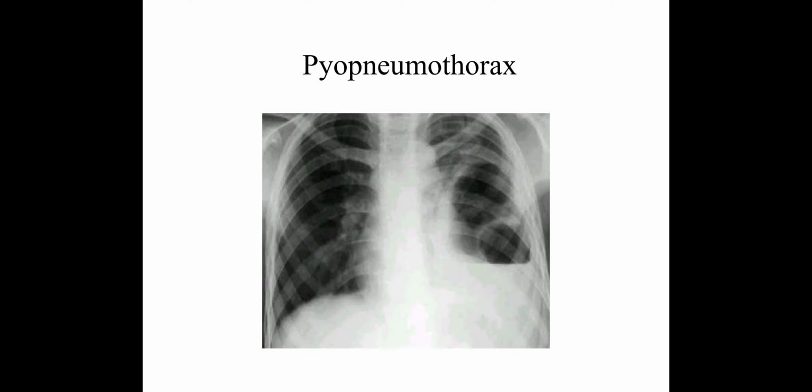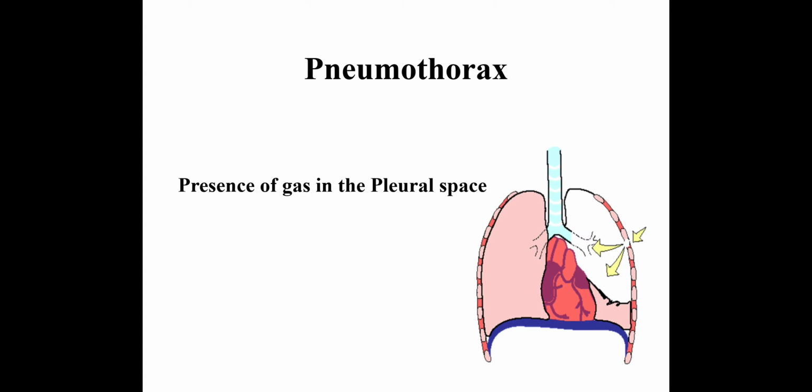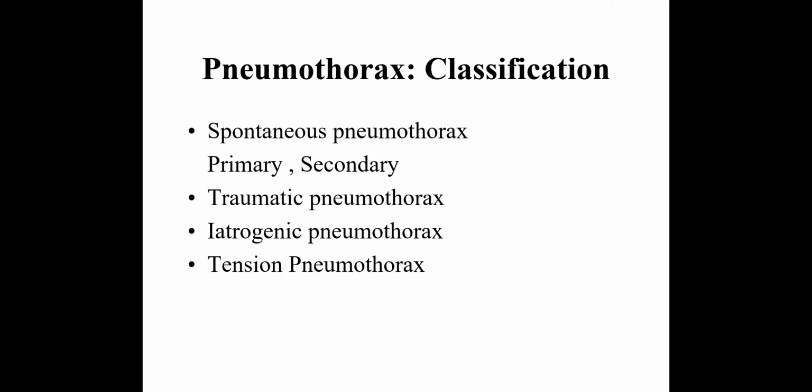Pneumothorax: when you have air fluid levels, you have to think about pneumothorax, which is here on this X-ray on the left side. Pneumothorax is the presence of gas in the pleural space, either spontaneous pneumothorax, primary or secondary, or traumatic, or iatrogenic, or tension pneumothorax.